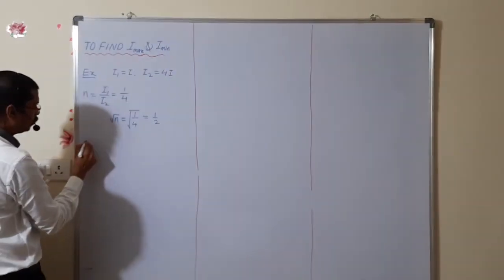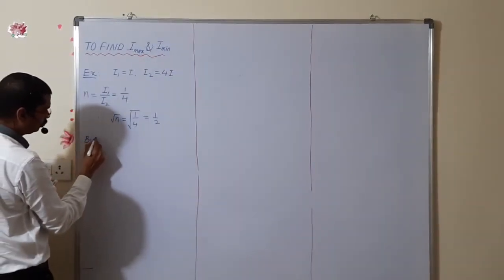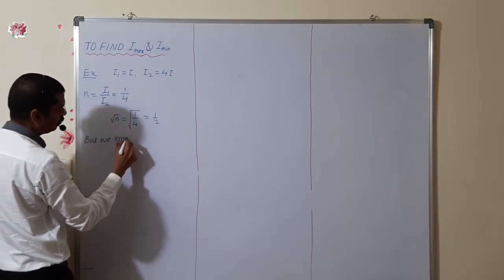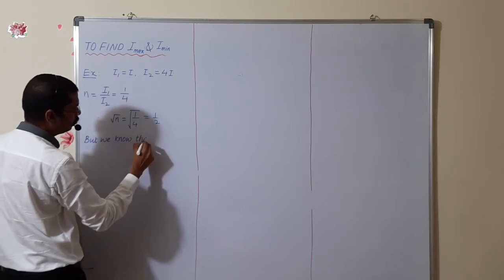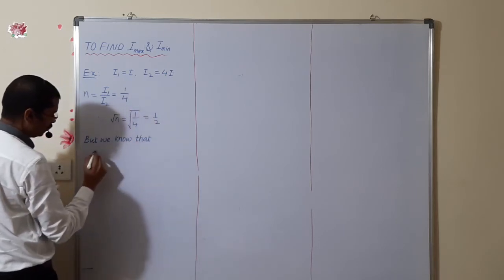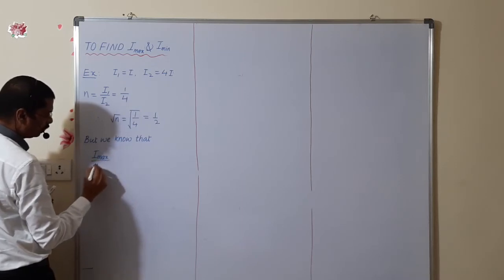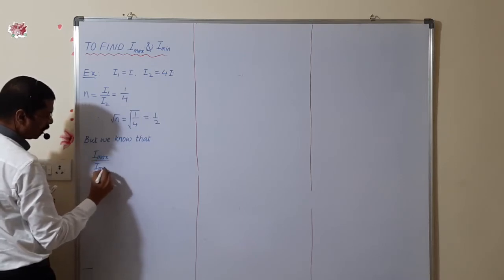Here then we know the formula: I maximum upon I minimum.